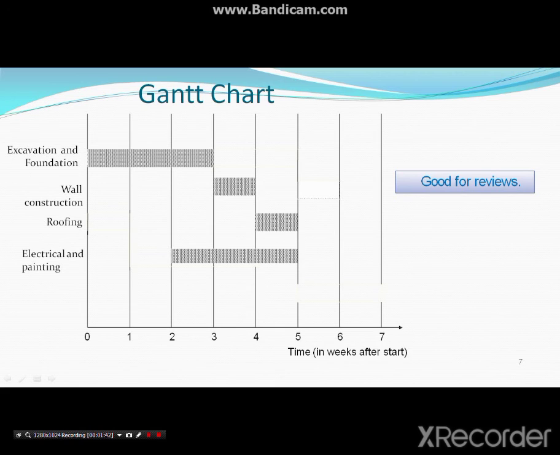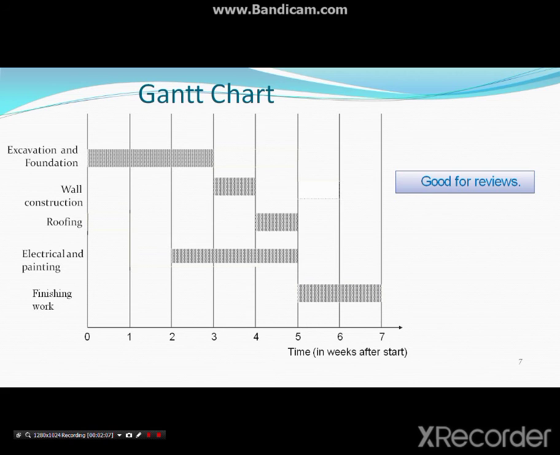So these activities can also start early. It is not that only in the sequence it can start. So that also the sequence is represented in the Gantt chart, and it is very good for review. You can see when the electrical activity can start. Okay, after electrical activity, finishing work can start only and only if all the other activities are completed.